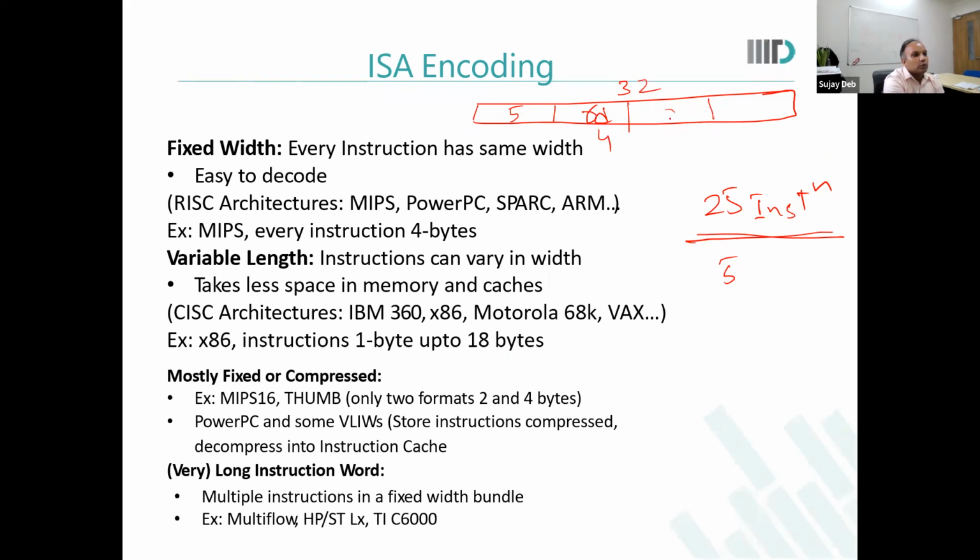I'll have 2 source registers, RS1 and RS2. They will also take 4 bits. So if I'm not dealing with immediate values, basically directly dealing with numbers, then I can encode my instruction using this 12 plus 5, 17 bits.